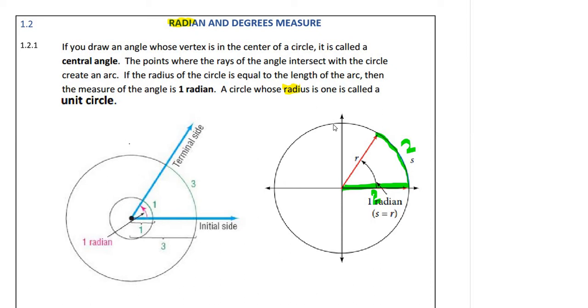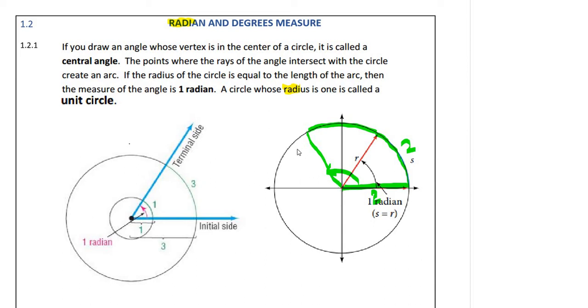So if I take that length and I go another radius length here, and I measure that angle there, that will then be 2 radii, or, I'm sorry, 2 radians.